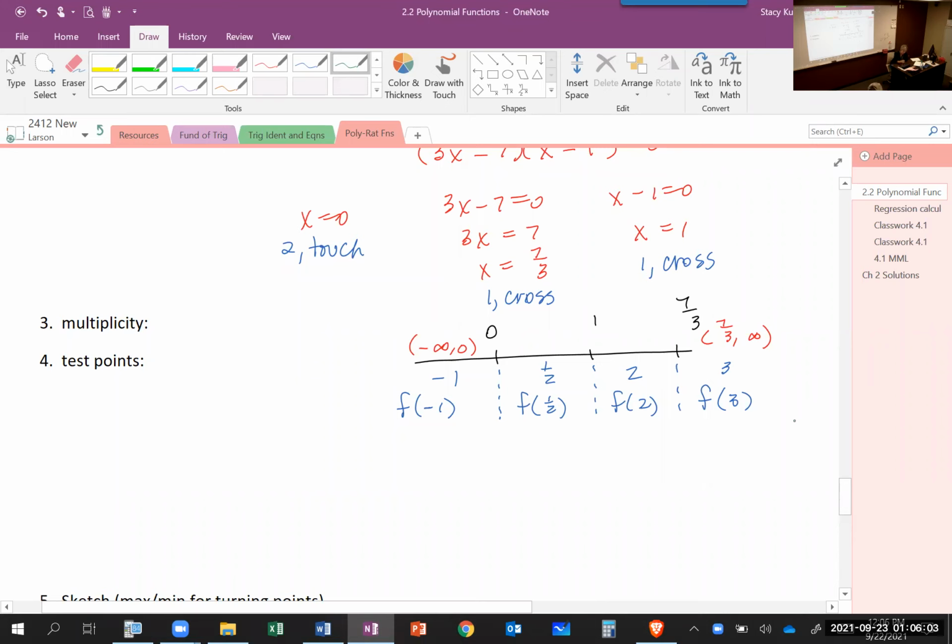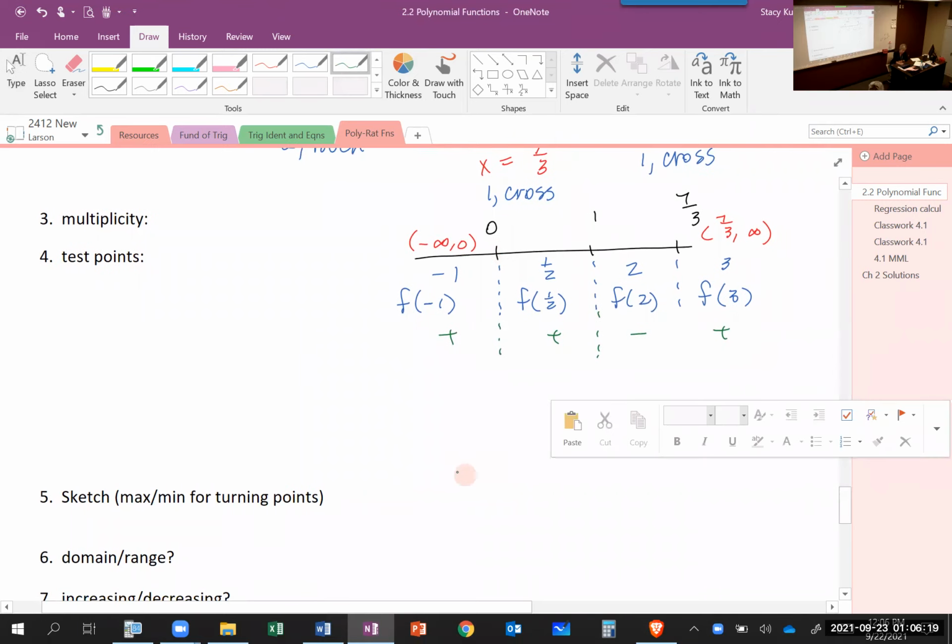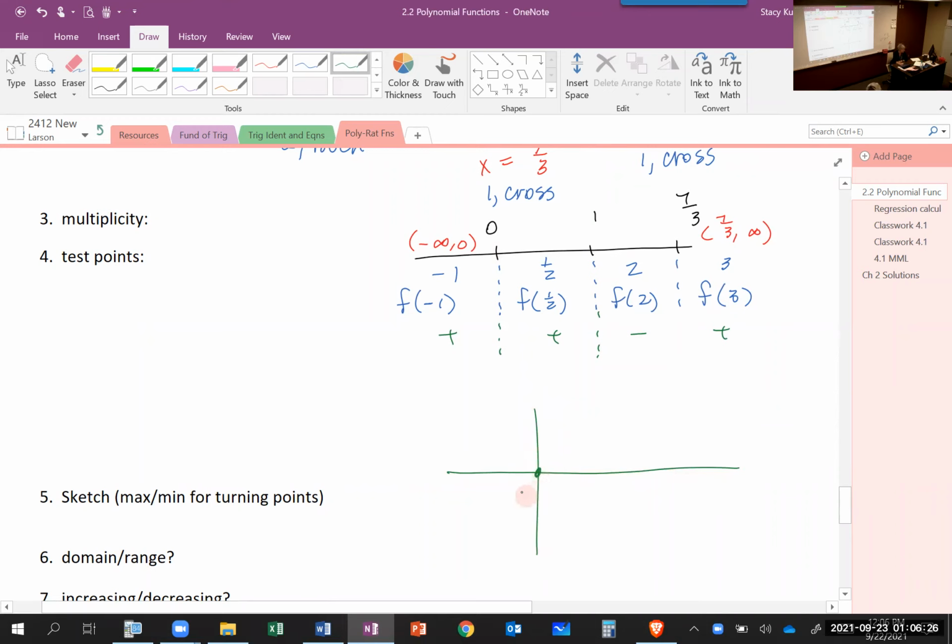So we have positive, positive, negative, and positive. What we found is that 0 is our root, correct? And we know that we are touching somewhere at that root, right?